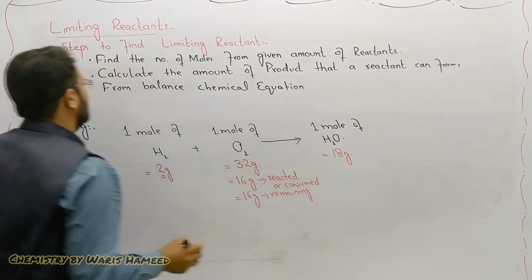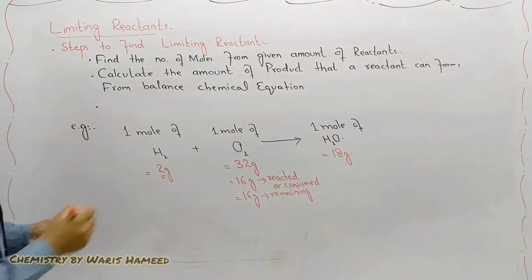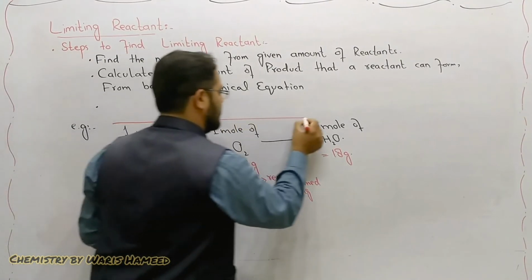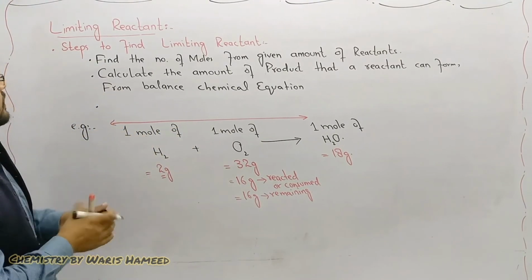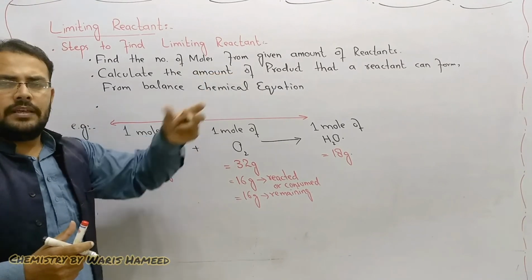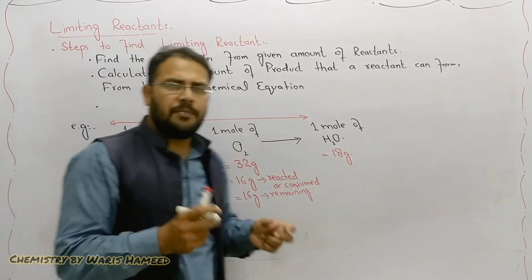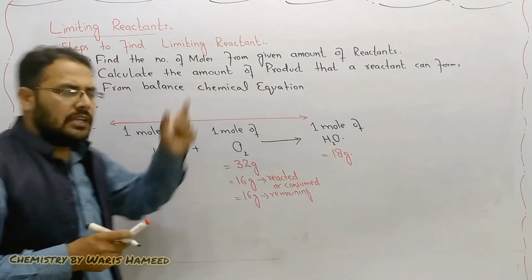And the final and third step is to check, from the previous step, the reactant which gives the product in lesser amount. That reactant will be the limiting reactant.